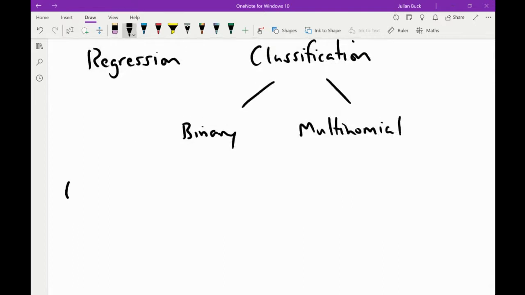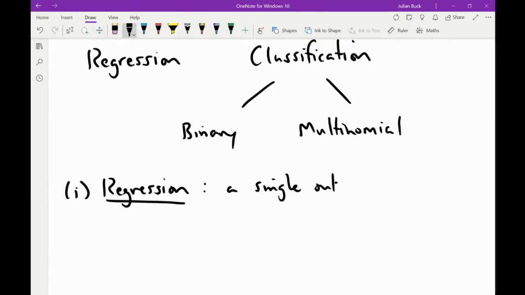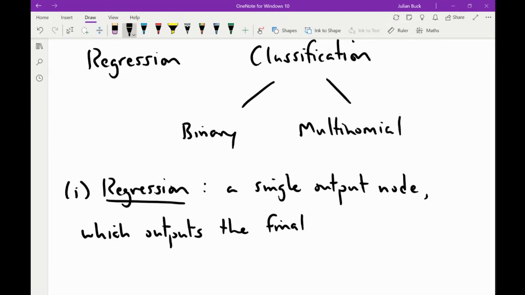So regression is easy to describe. There's a single output node, which outputs the final predicted numerical value of the response variable.